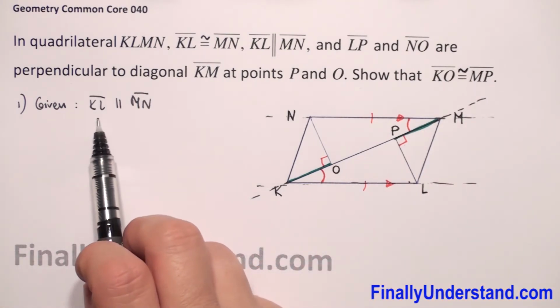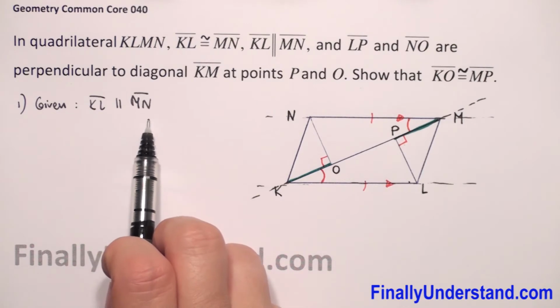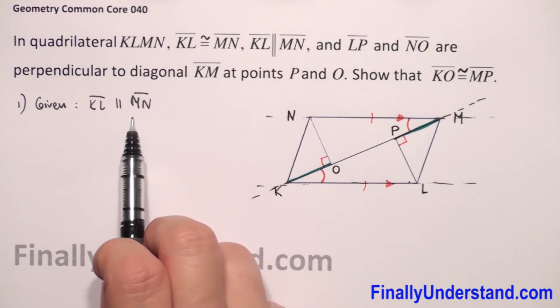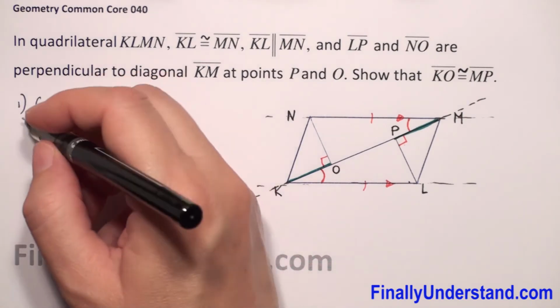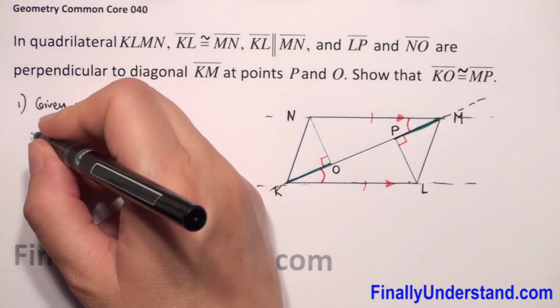So we have given that KL is parallel to MN. So from this information we have that alternate interior angles are congruent.